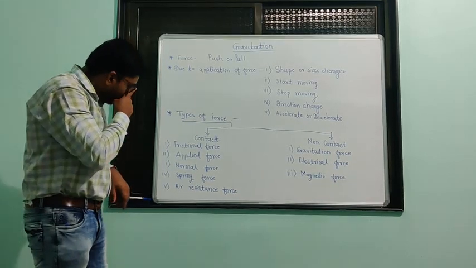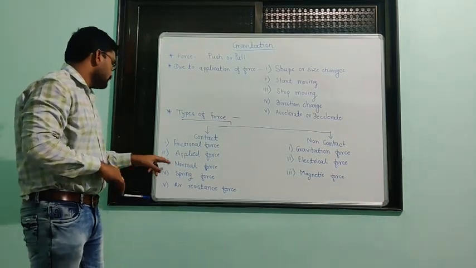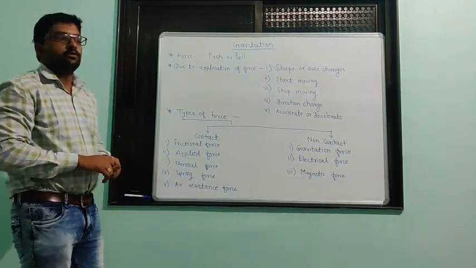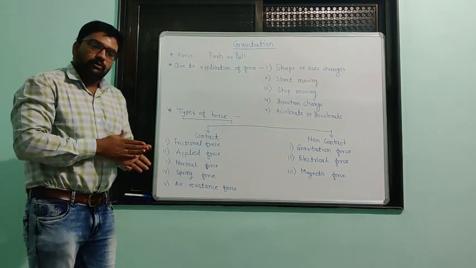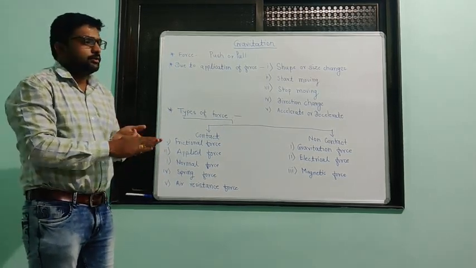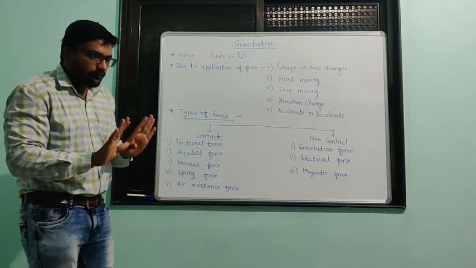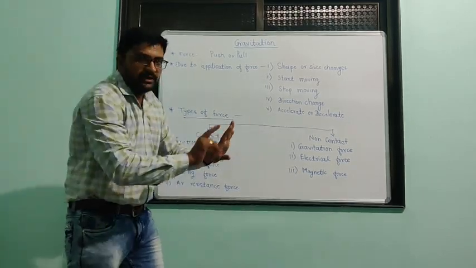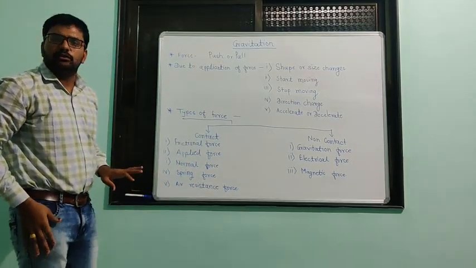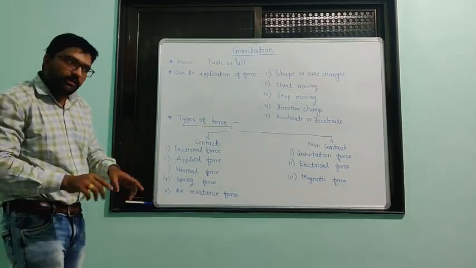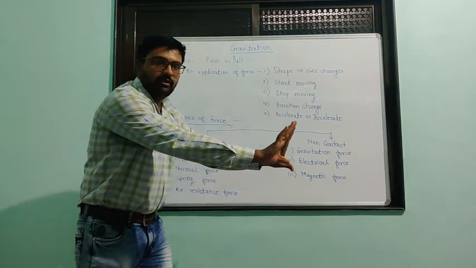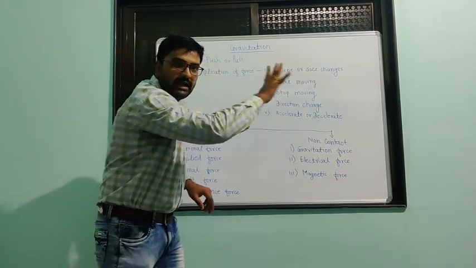Second is applied force. Suppose an object is placed here. If I have to push that object in the forward direction, I have to apply force on that object in that forward direction.